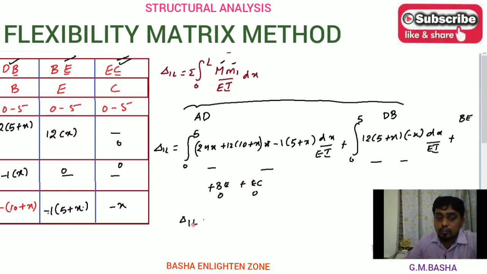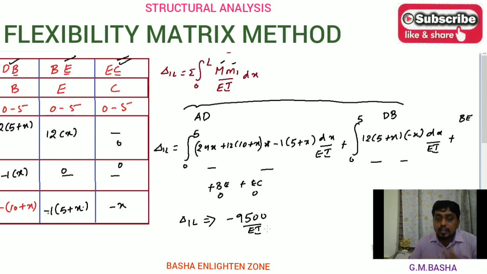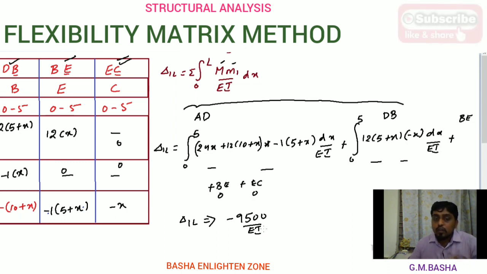Finally, if you simplify using your calculators directly, you will get the value of minus 9500 by EI. So this is your delta 1L value. If you simplify like this, delta 1L will be equal to minus 9500 by EI. No need to simplify manually, even in semester examinations. You will get it directly using your calculators.